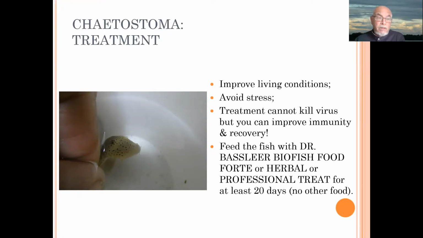For professional fish keepers, importers, exporters and pet shops, there is a professional treatment, which is a mix of ingredients, a broad spectrum treatment. Use at least this kind of food for 20 days, no other food, so the fish have enough chance to absorb the essential micronutrients and ingredients to improve immunity and to improve recovery.